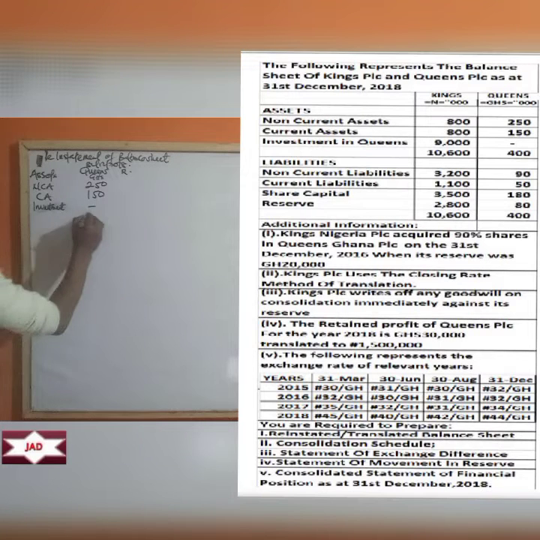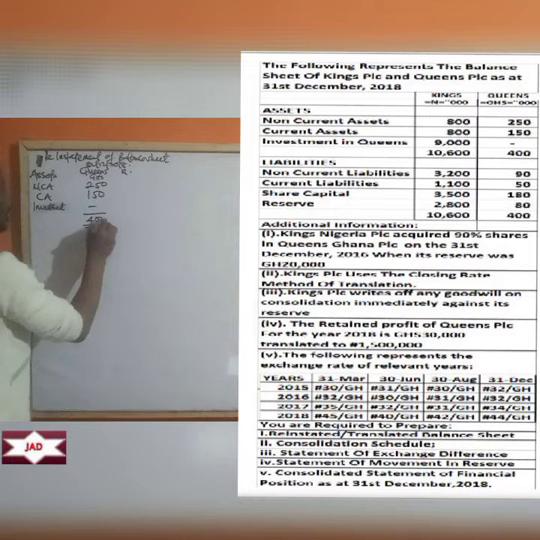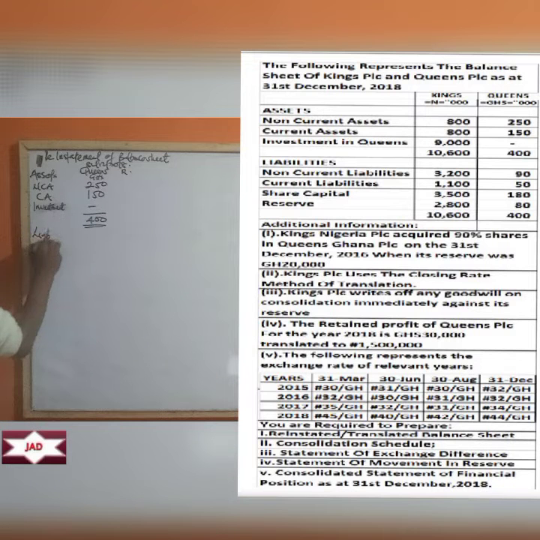So this is giving us 400. So what are the liabilities? Non-current liabilities, current liabilities, share capital, then we have reserve.